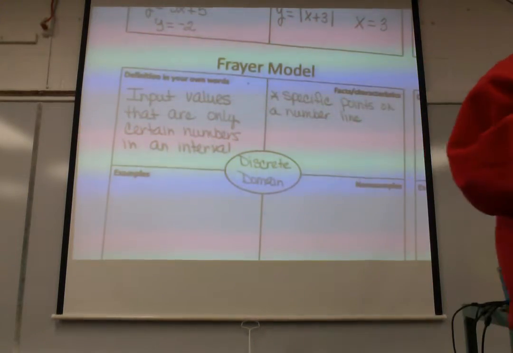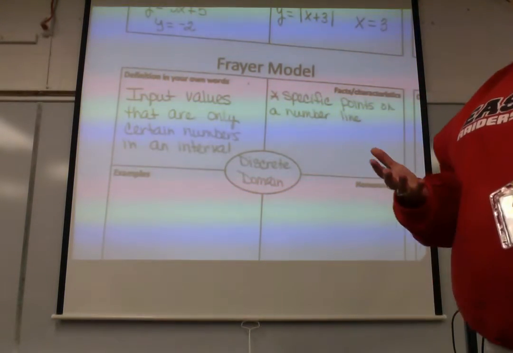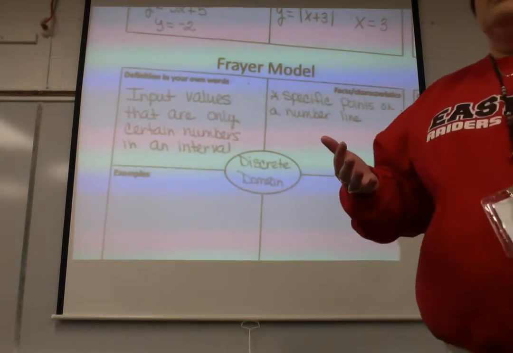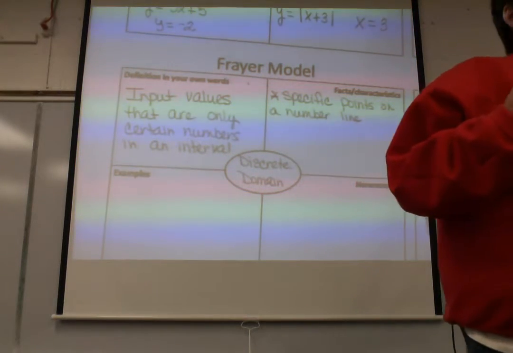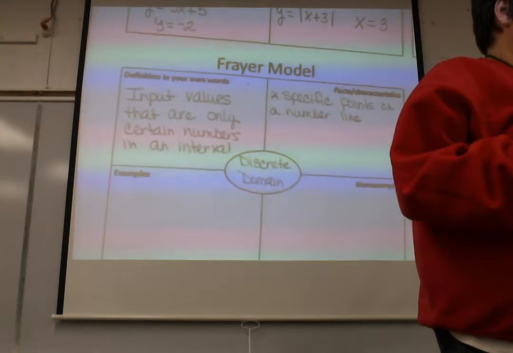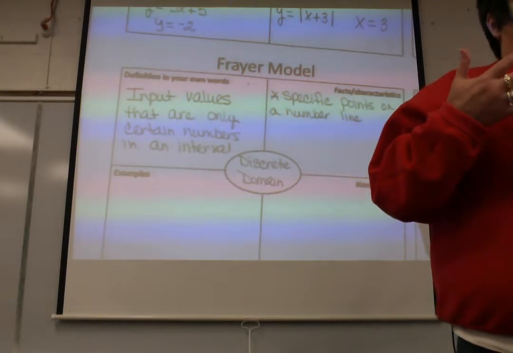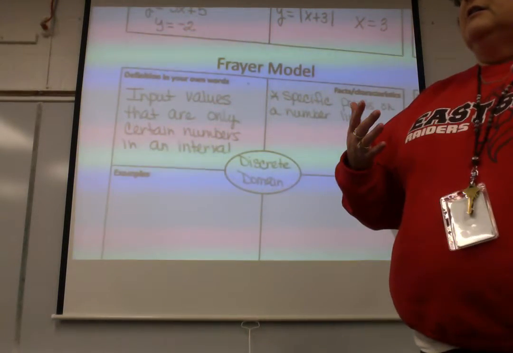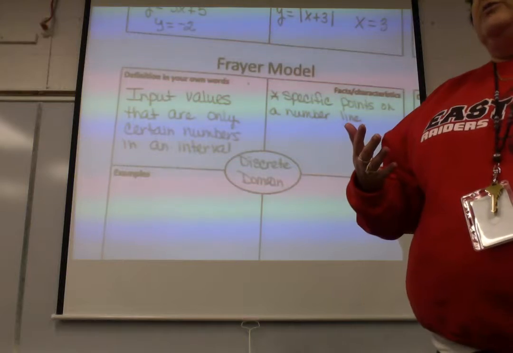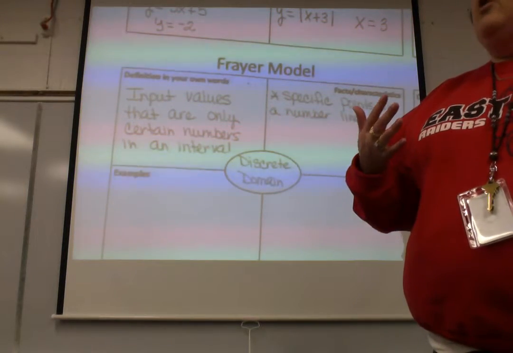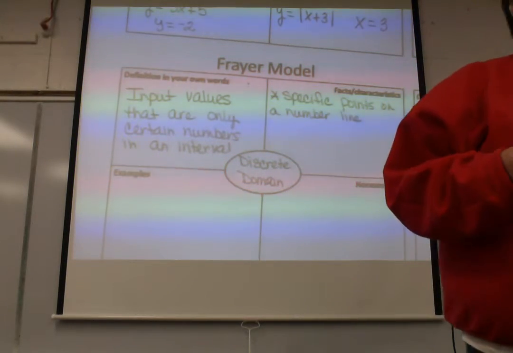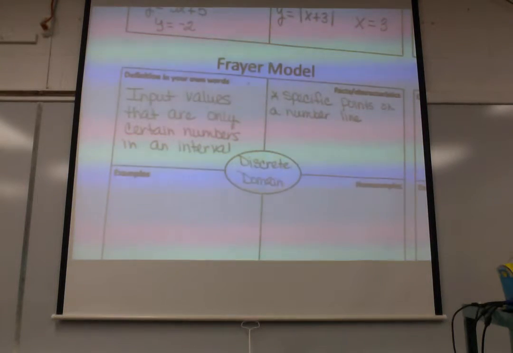So think about, okay, when you go to the grocery store, if you are shopping for cans of vegetables, can you buy whole cans of vegetables, or can you walk down the aisle and say, I only want 5.7 cans of peas?